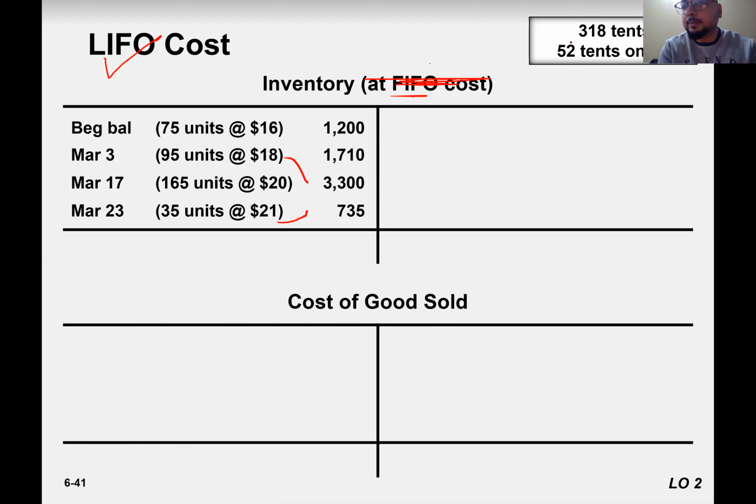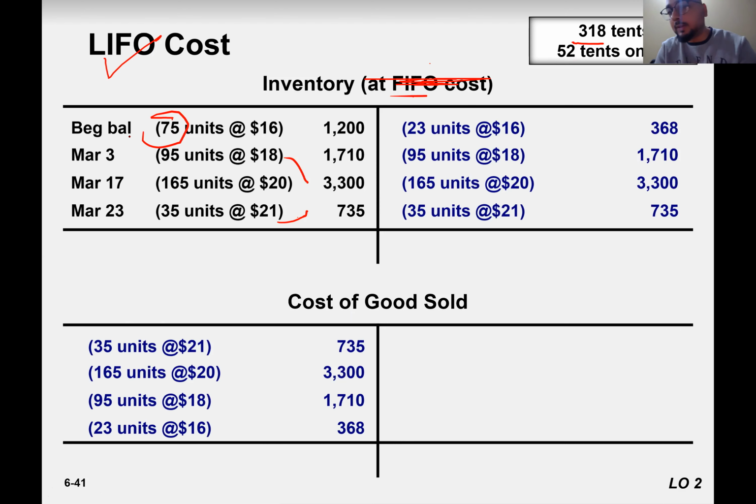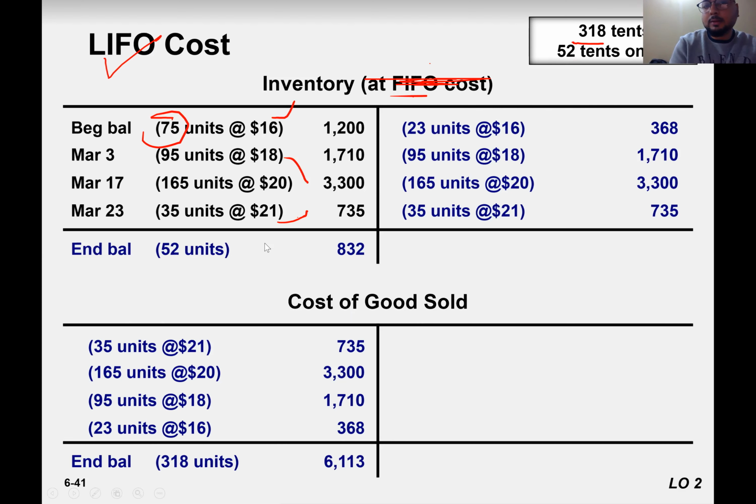So 35 units are all sold, 165 are all sold, and then 95, and then 23 among 75. So all the ending inventory is going to be based on this 16, right? So 52 multiplied by 16, the answer is 832. So this is your ending inventory on LIFO basis.